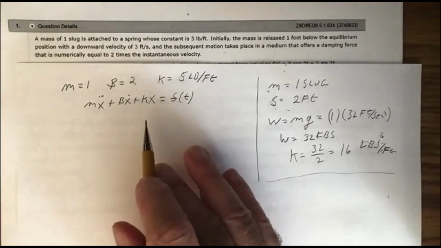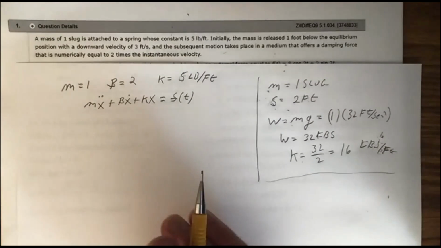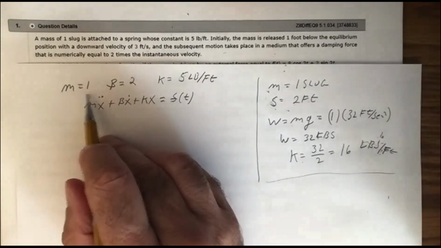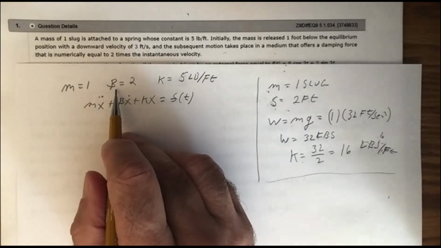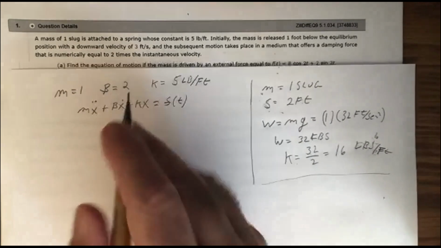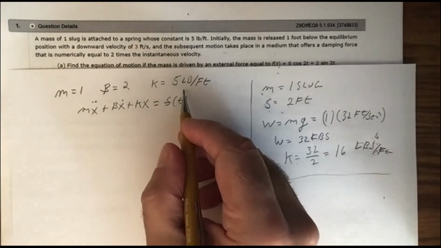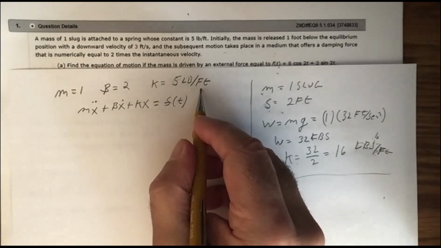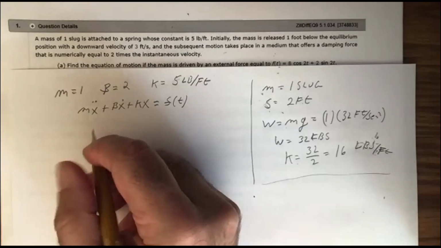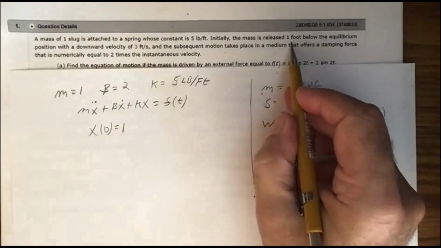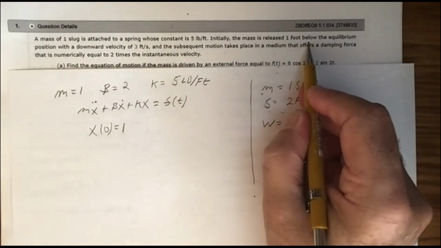All right. So now back to this problem here. We have a mass of one slug. The dampening factor is 2. The spring constant they tell us is 5 pounds per foot. And what else? Well, we know that at time t equals 0, it's released 1 foot below.